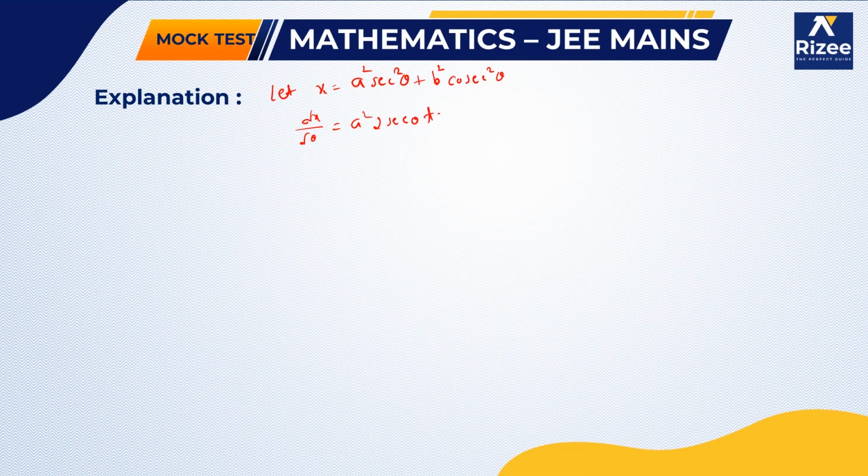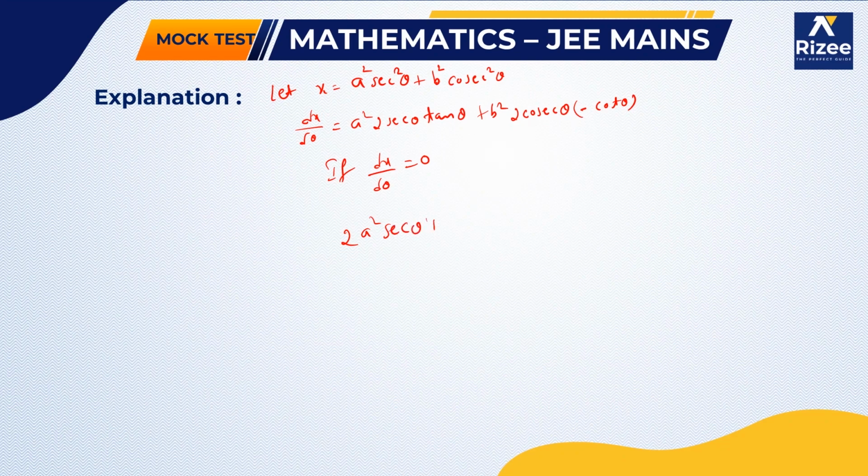If dx by d theta is equal to 0, by solving this we get a square into 2 secant theta tan theta is equal to 2 b square cosecant theta cot theta.